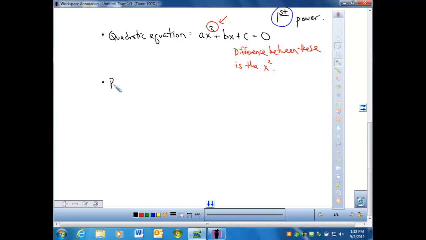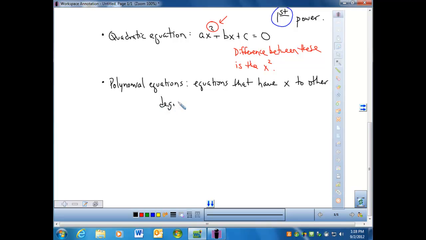We'll quickly go through these last couple of different kinds of equations. We don't see these as often, although you will see them a little bit in this class. Polynomial equations. A polynomial equation is just any equation that features x to some degree.